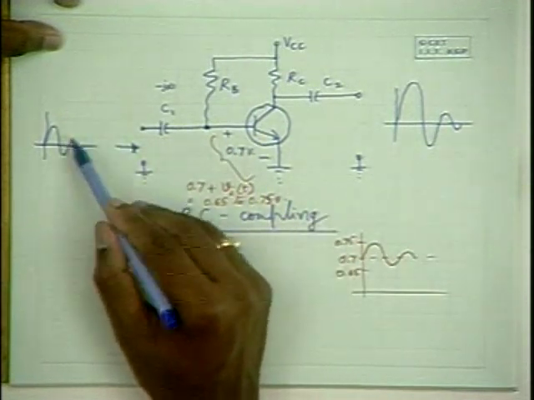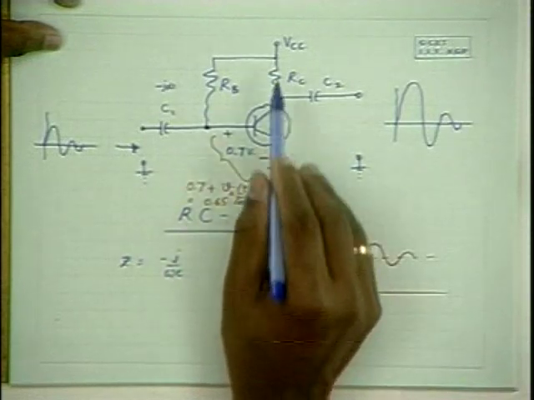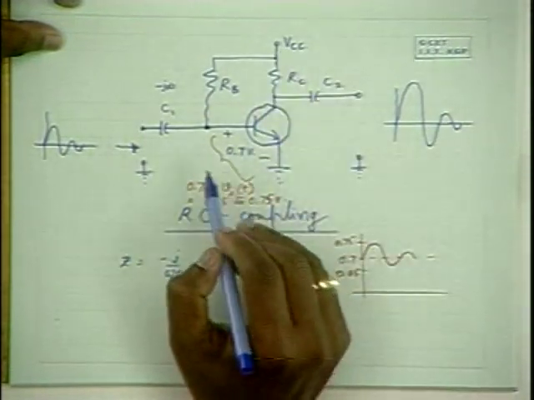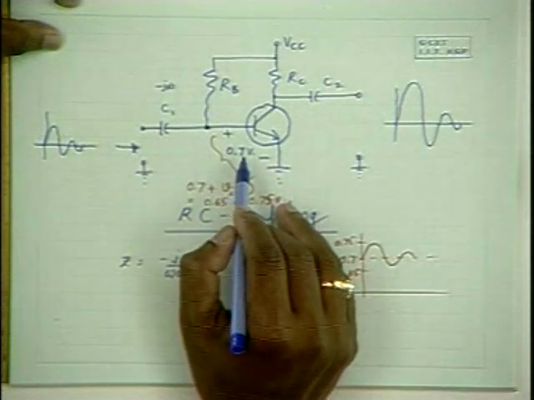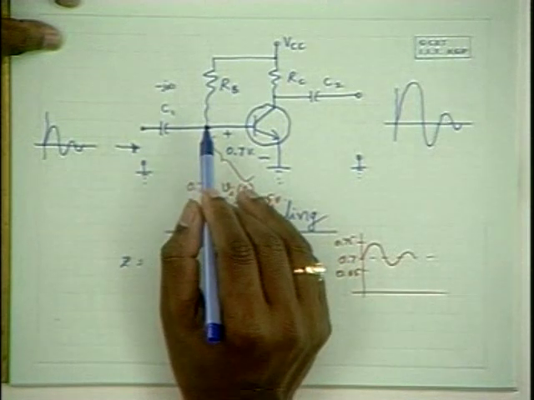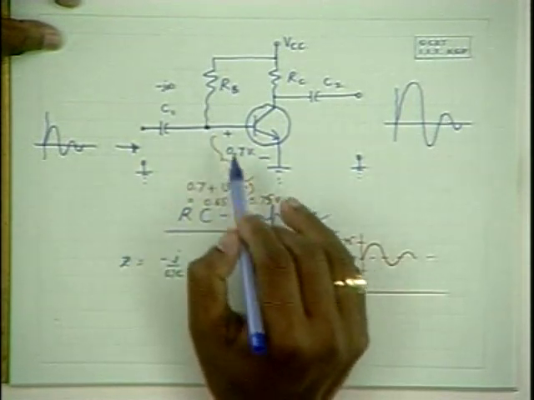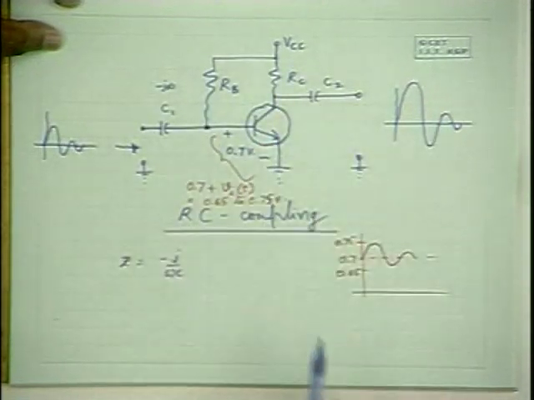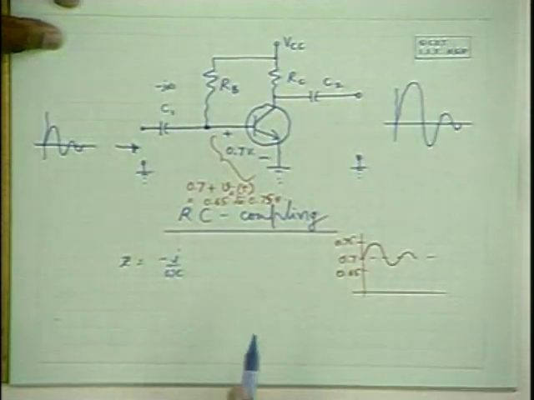Then apply this voltage source, with this source replaced by a short circuit, and find how much is applied. That is directly this voltage itself when this is negligible. Therefore, by the superposition principle, the voltage here is equal to this plus this. So that is what is equal to this.